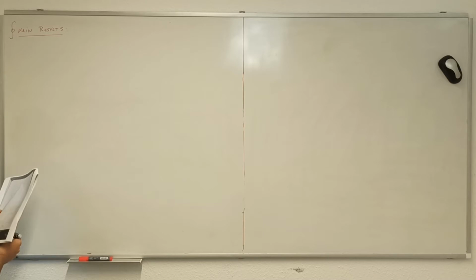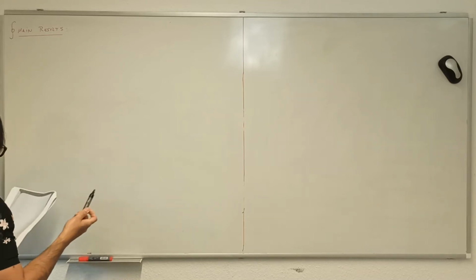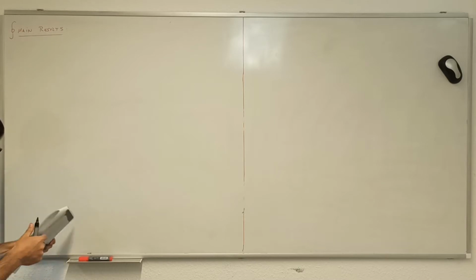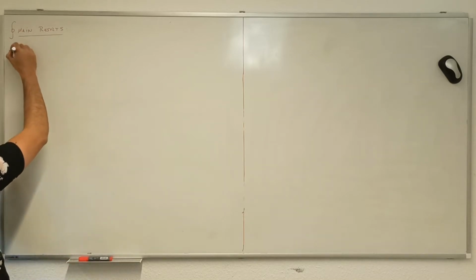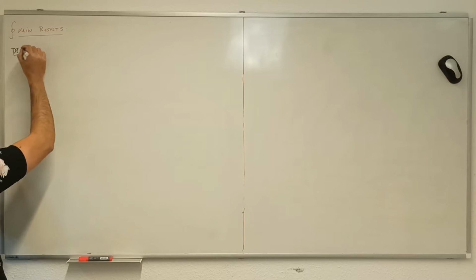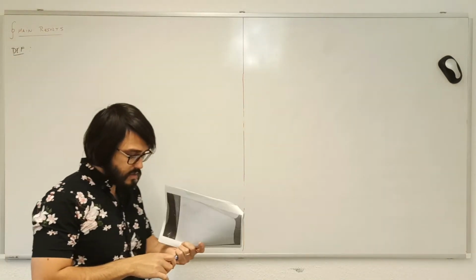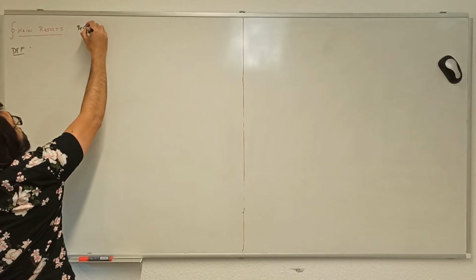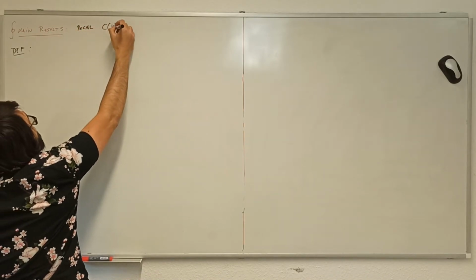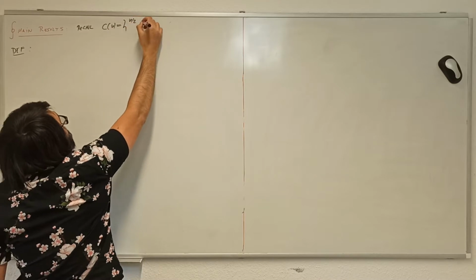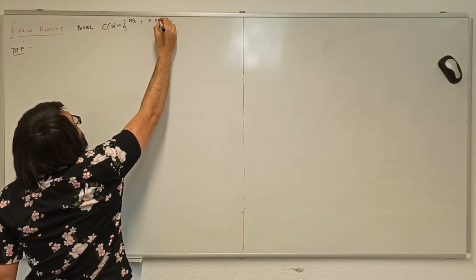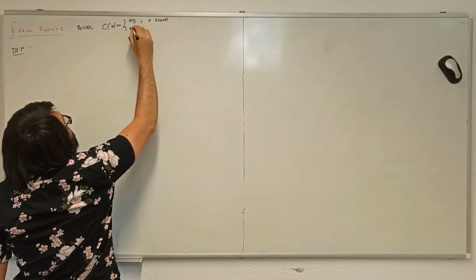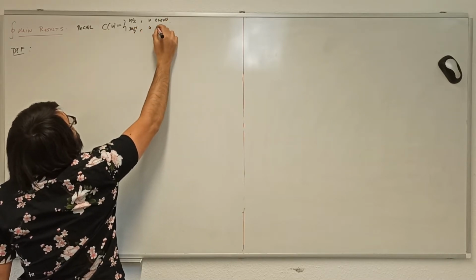Okay, so before I state the main results, I need to do a bunch of definitions. The first definition: we had the Collatz map. Let's recall, C of n is n over 2 if n is even, and (3n plus 1) over 2 if n is odd.